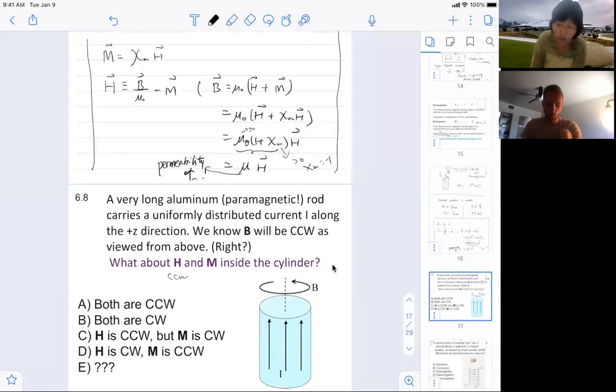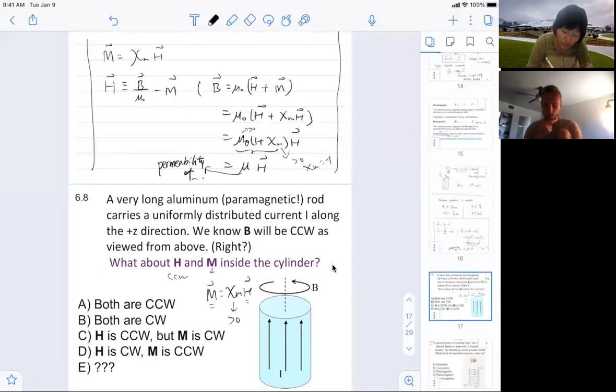And what about the magnetization M? In which way is that going to be pointing? That is also pointing in the phi direction. It's same as H. And why is that? Because M is equal to chi sub M times H. And is this chi always positive?